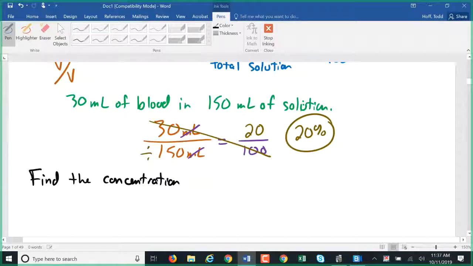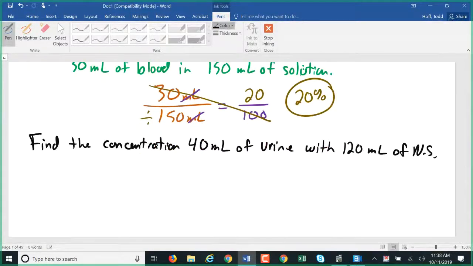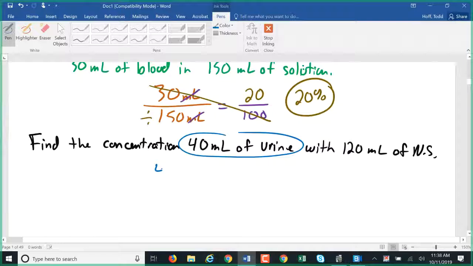Find the concentration of 40 milliliters urine with 120 milliliters of saline. How do I approach finding this concentration? Well, my concentrate, or my serum, is 40 milliliters. What goes on bottom?